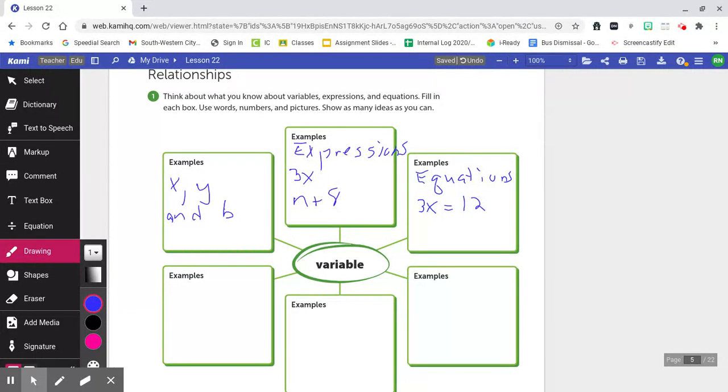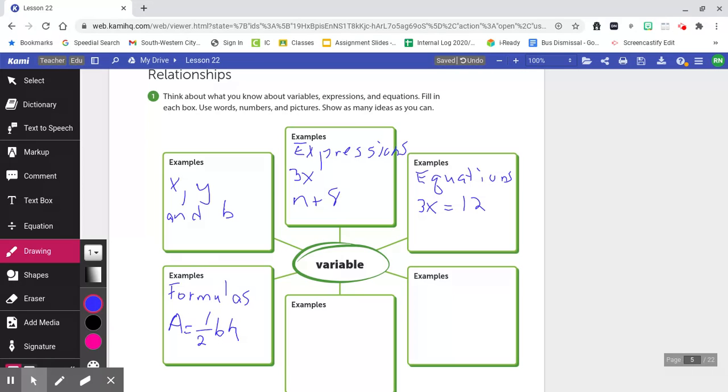So again, that's where we're using the variable. You could have formulas. For example, the area of a triangle. Area is equal to 1/2 the base times the height. So when we were finding area, you were using variables to represent it in the equation of finding area.